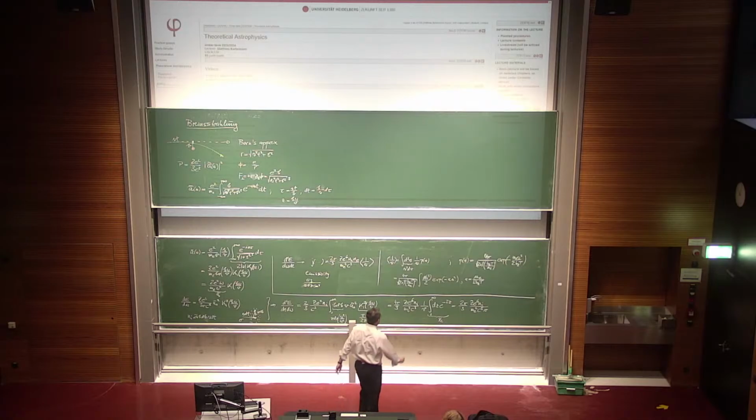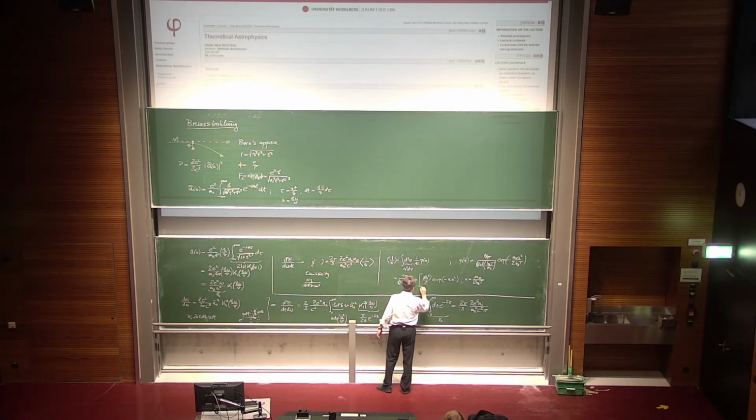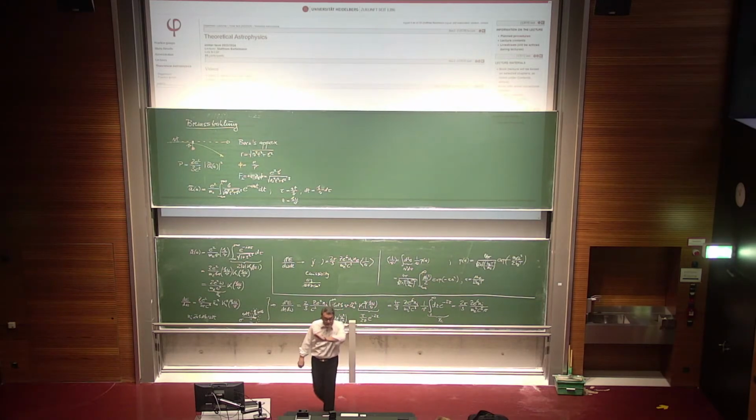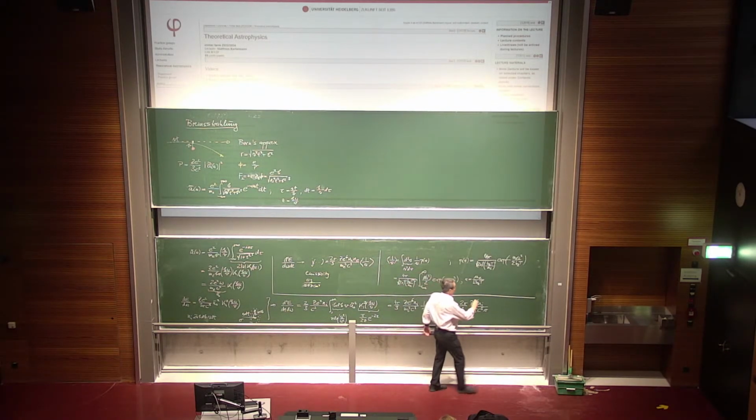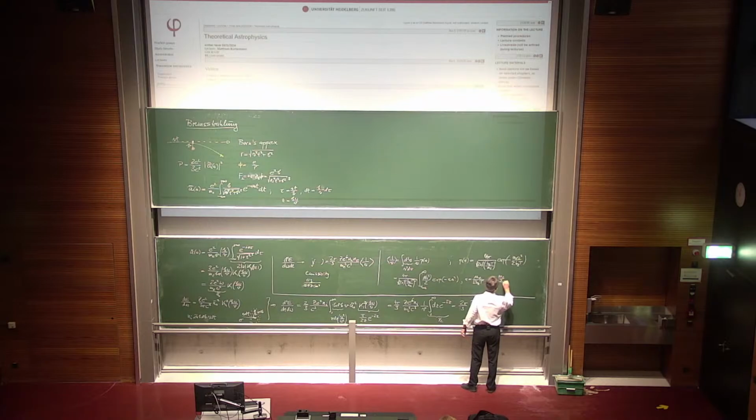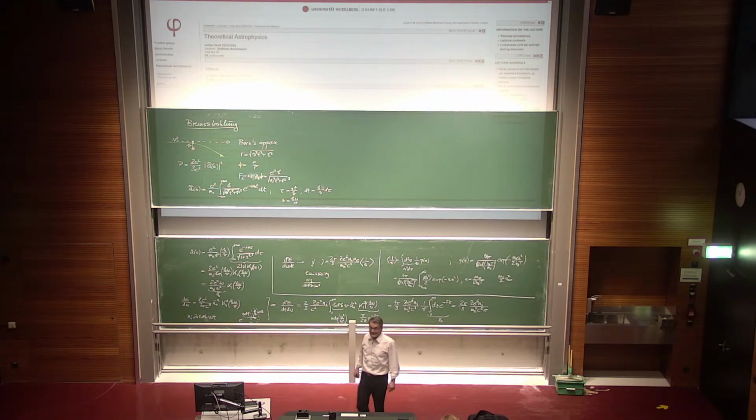So we need to integrate from some finite minimal velocity to infinity. And we can safely go to infinity because the faster the electron is, the less it's going to be deflected. That is fine. The upper integral bound is fine. The lower is not. So how do we set this? We need to require that the kinetic energy of the electron is at least enough to emit a photon of frequency h bar omega.